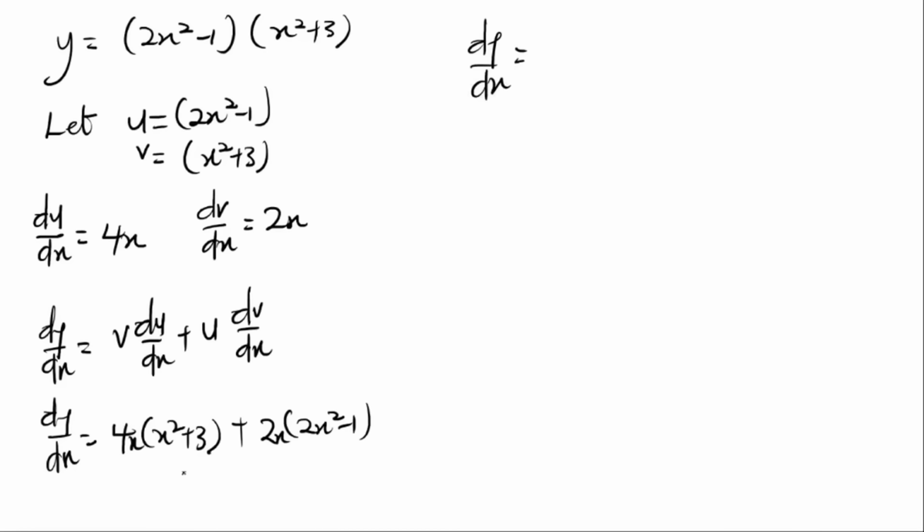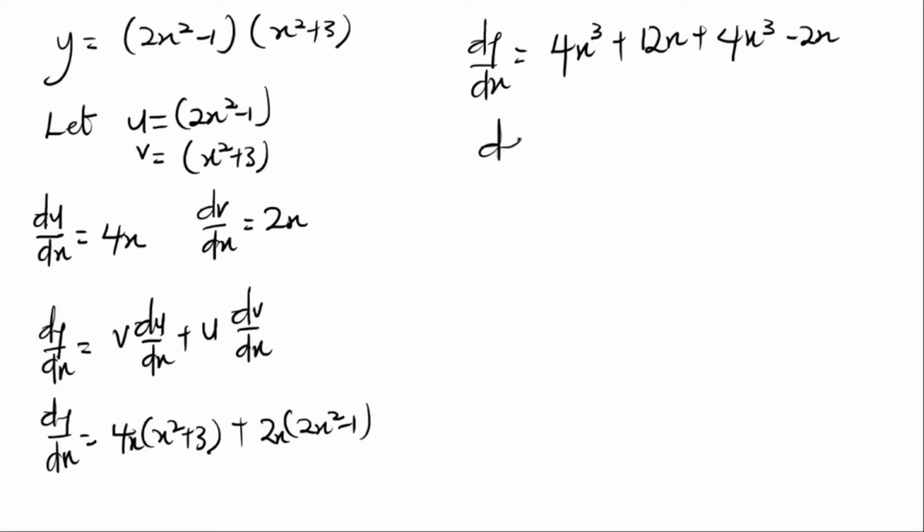So we have 4x multiplied by x squared, which will give us 4x cubed. Then plus 4x multiplied by 3 will give us 12x. Then plus 2x multiplied by 2x squared will give us 4x cubed. Then minus 2x.